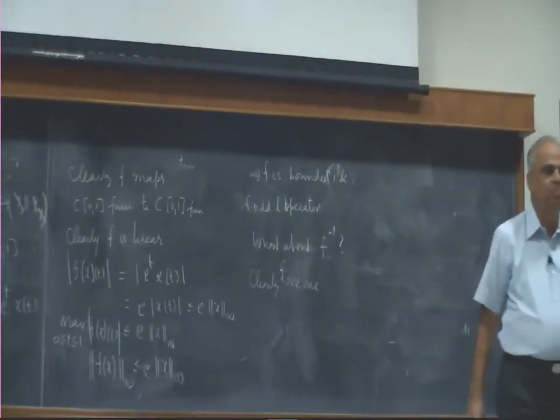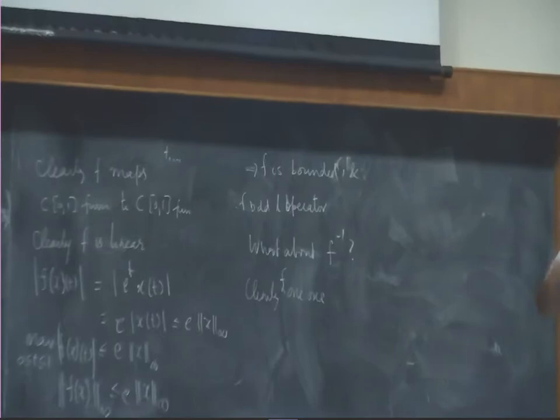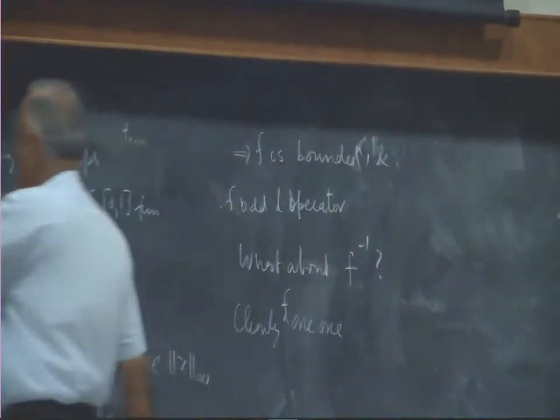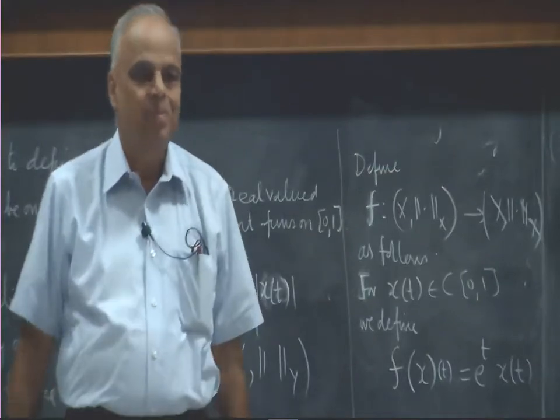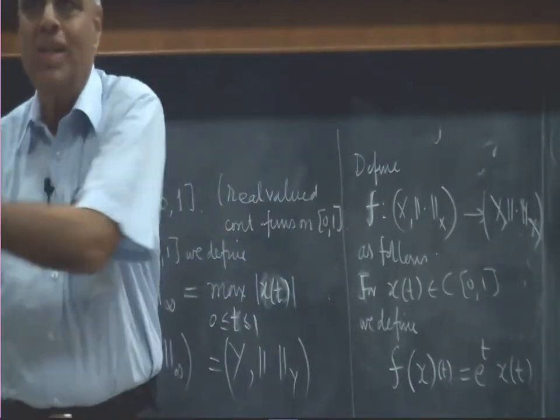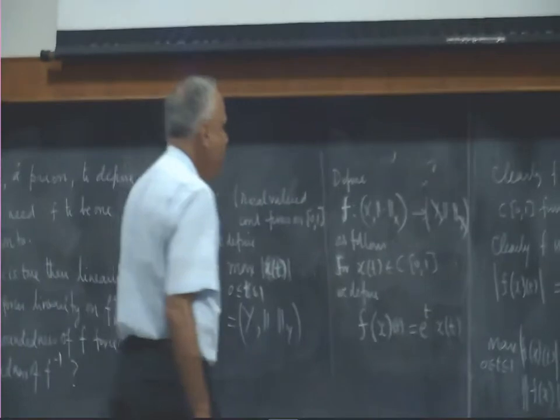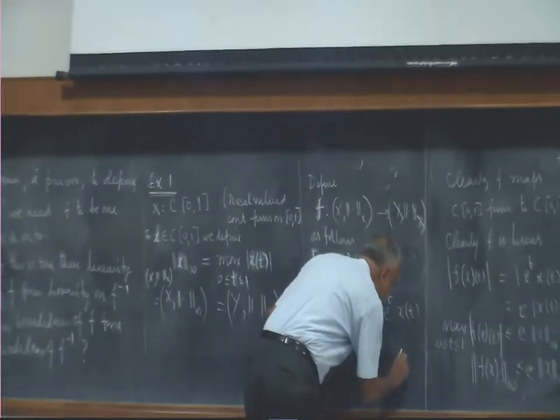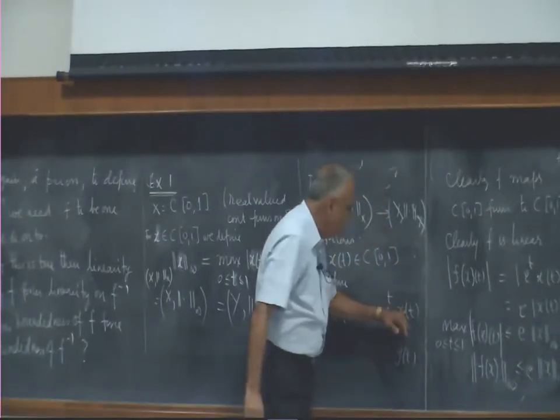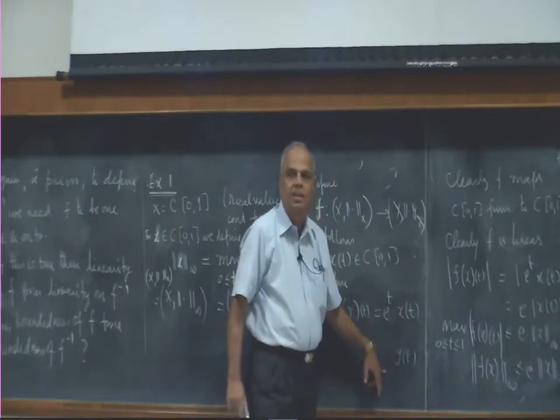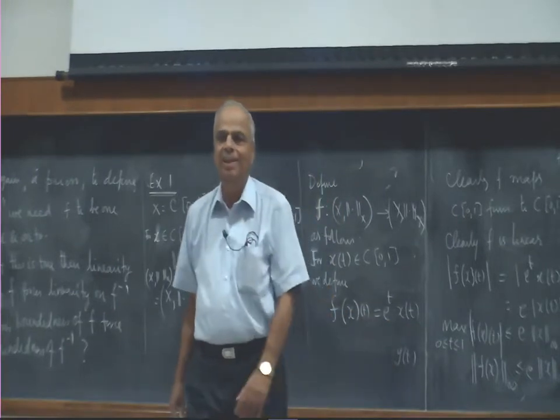Is it onto? That is, give me some function. Will that be the image of somebody? What is meant by onto? All the images are exhausted. If you give me a continuous function y, will there be a function x whose image is this? Certainly it is e to the minus t y.